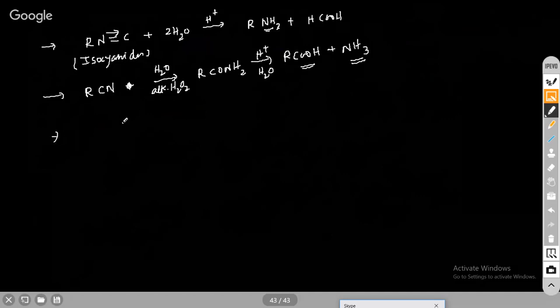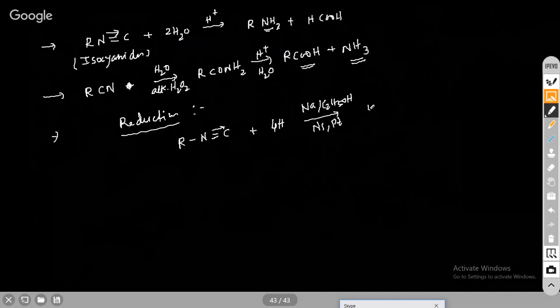Reduction you see. Isocyanide reduction: RN double bond C plus hydrogen. For reduction we use Na with C2H5OH, or under reduction with nickel or platinum catalyst we can use.